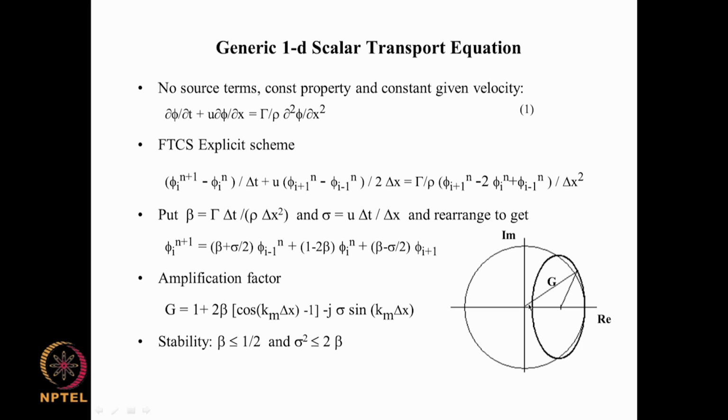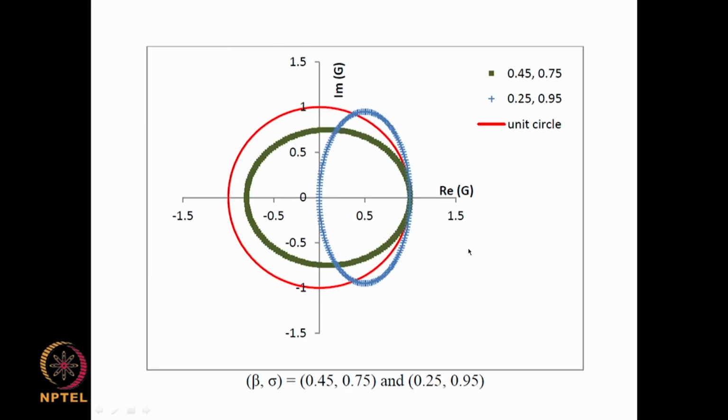Okay. So, now we can see what would happen for different values of beta and sigma here, and here we are considering beta and sigma pairs of 0.45 and 0.75, and 0.25 and 0.95, and so the green one is the case where you have 0.45 of beta and 0.75 of sigma.